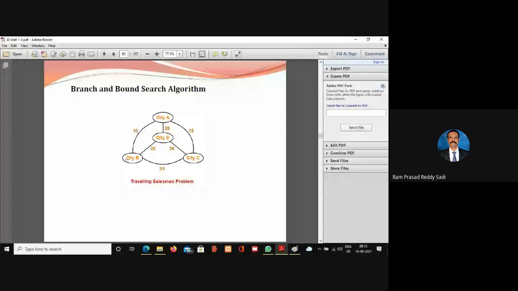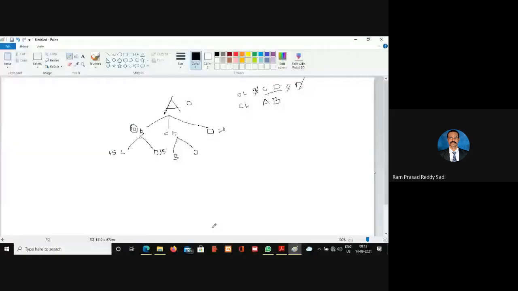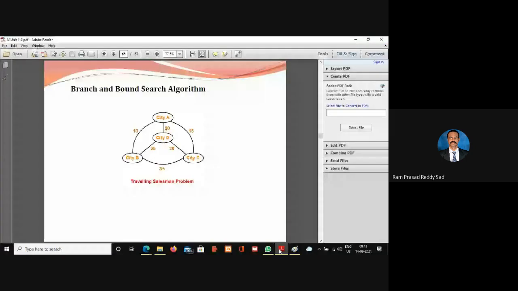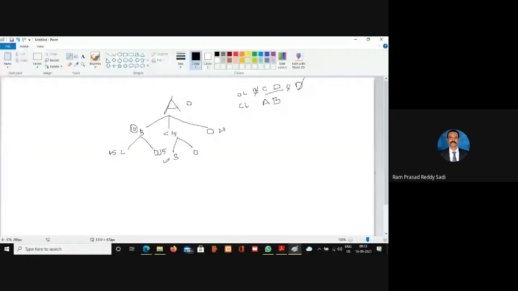C to D means what the value will be? It's 35. What will be the value over here? 15 plus 35, it is 50.